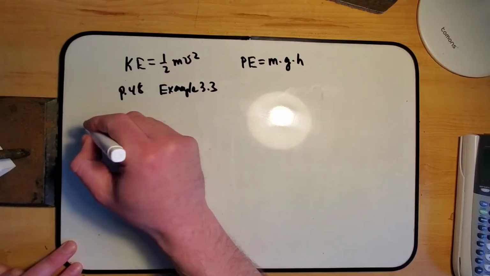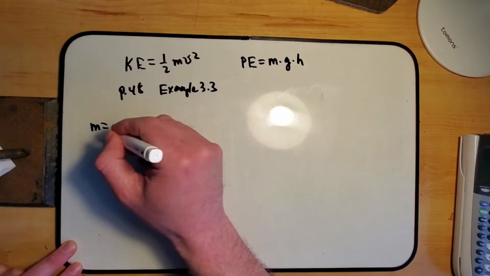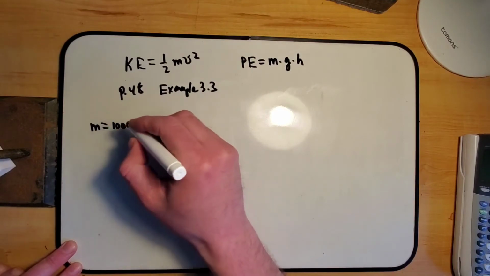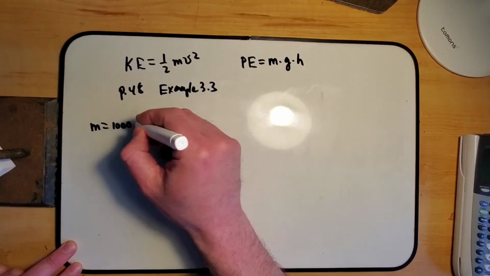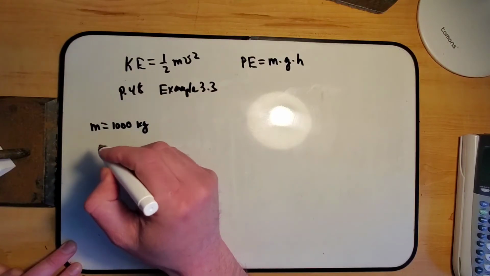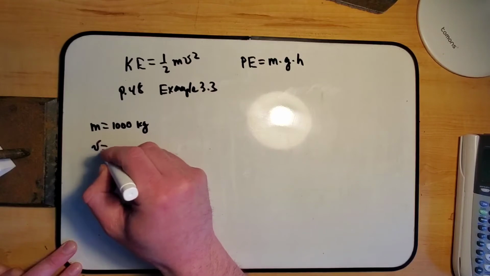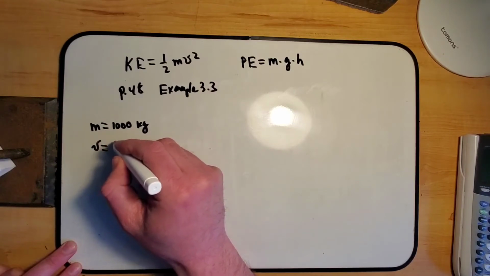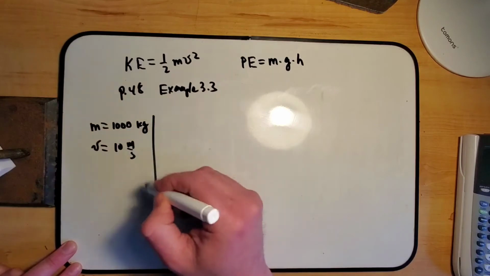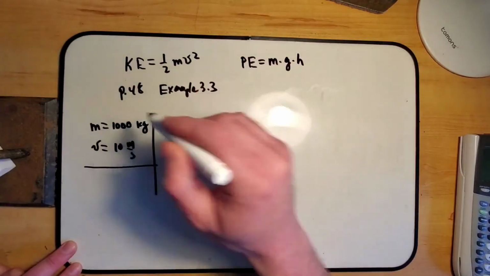All right, so what's given here? Well, first of all, I'm given the mass, and my mass is 1,000 kilograms. It's only one significant figure here, so just pay attention, guys, to significant figures. And its speed, so the velocity of the vehicle here, is 10 meters per second. Now, which of the two formulas are you going to use?